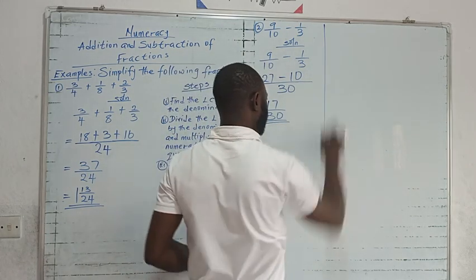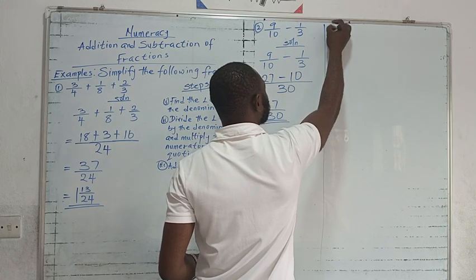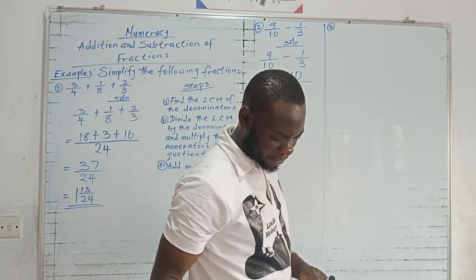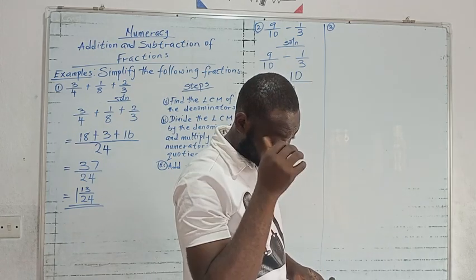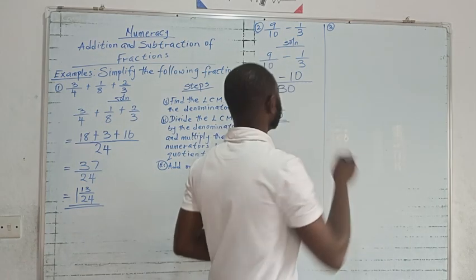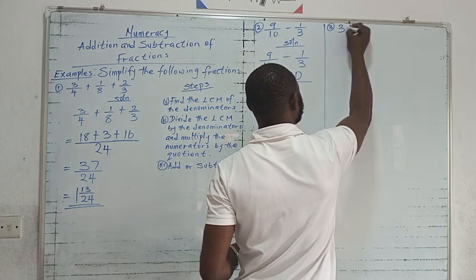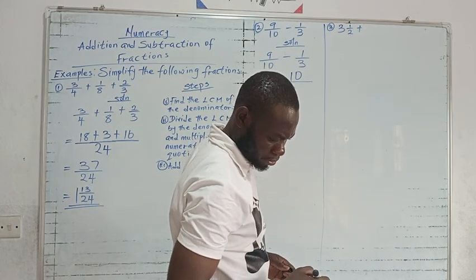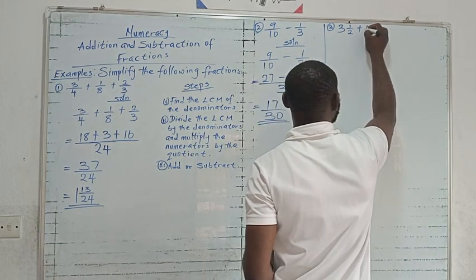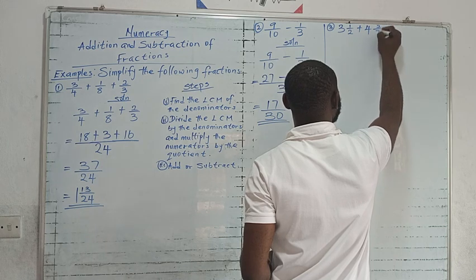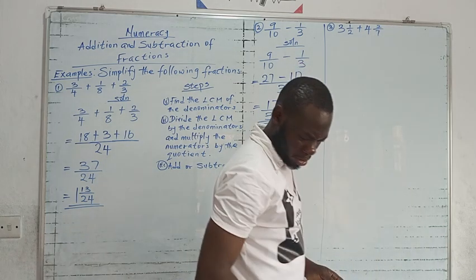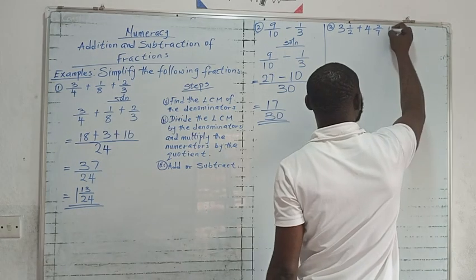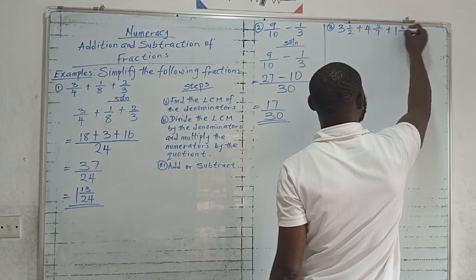Okay? Okay, let's look at number 3. Let's say the equation says simplify 3 whole number 1 over 2 plus 4 whole number 2 over 7 plus 1 whole number 4 over 3.